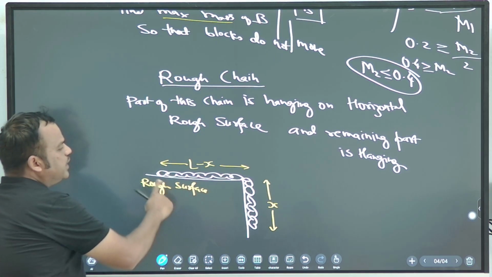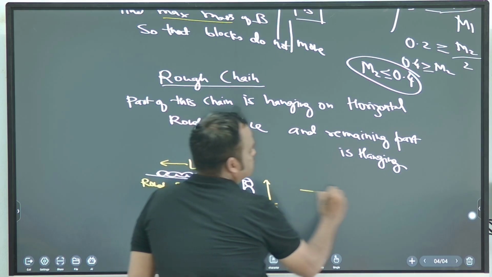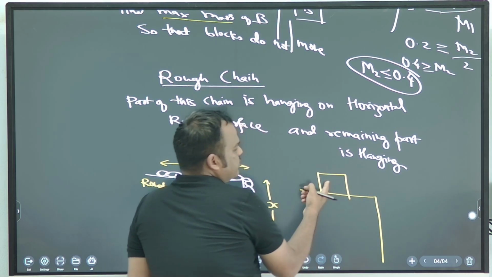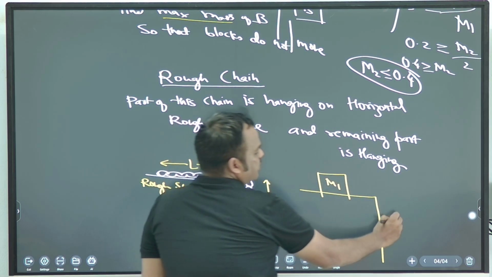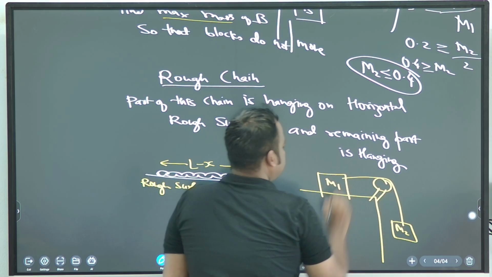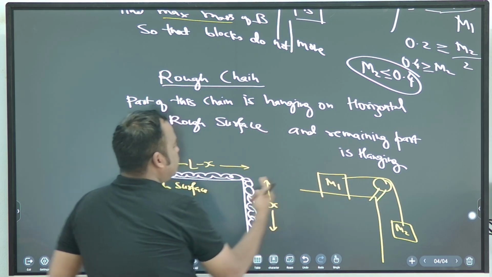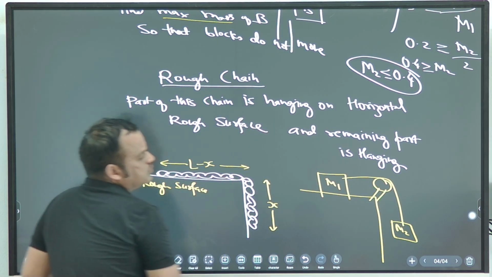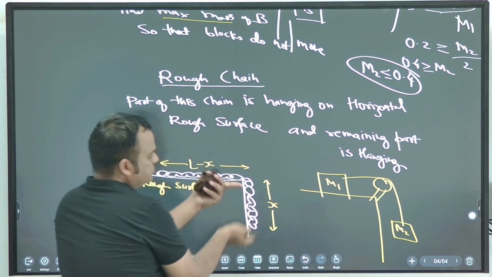So now you can relate it with the two blocks. What mass you assumed here? M1. What mass you assumed here? M2. So M1 is the mass of the resting part. M2 is the mass of the hanging part.